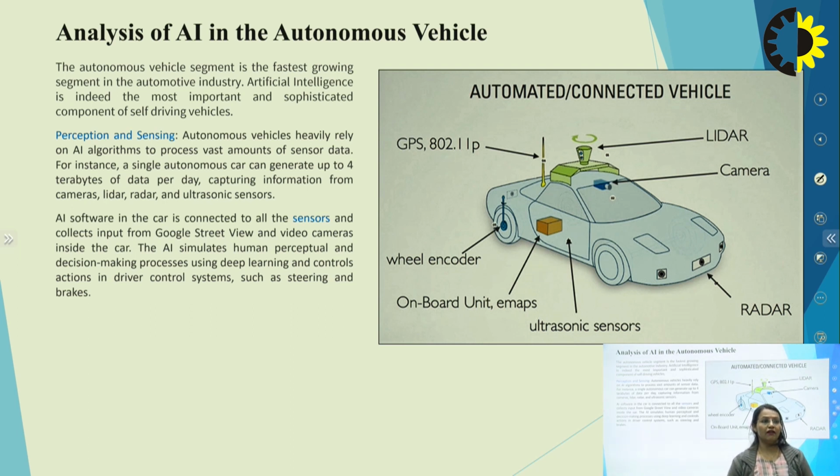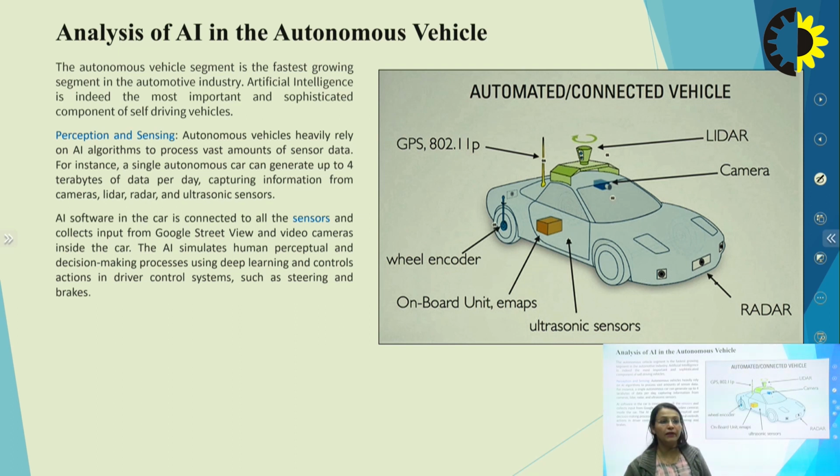For instance, a single autonomous car can generate 4 terabytes of data per day, capturing information from cameras, lidar, radar, and ultrasonic sensors. All the information from these components is sensed, collected, and captured, and together it is integrated to provide control over the autonomous vehicle.